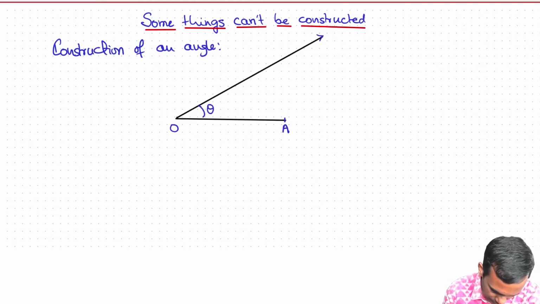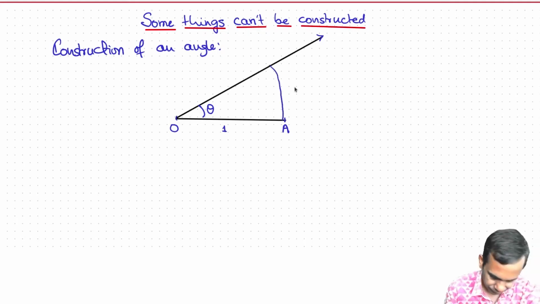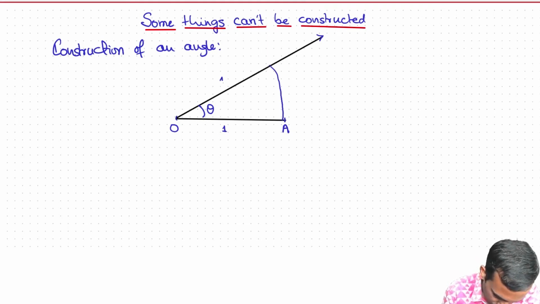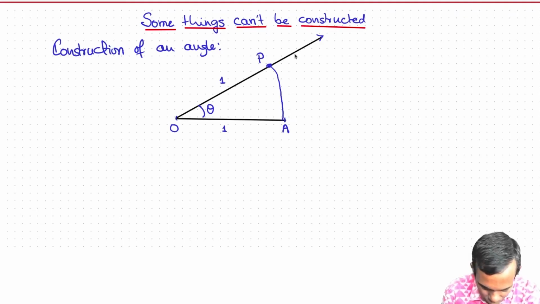Now this distance is unit 1. We can also mark it off along this arc here. So this is also 1. And then this point P here has coordinates cos theta, sine theta.